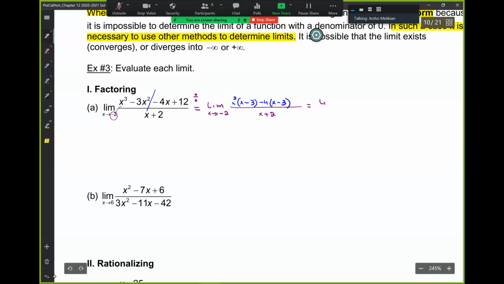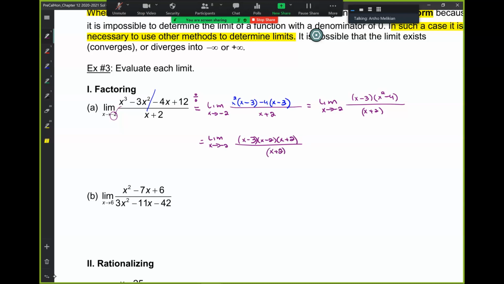So this is the limit as x approaches -2, x minus 3, x squared minus 4 over x plus 2. Okay, I can factor that some more, right? So this is the limit as x approaches -2, x minus 3, x minus 2, x plus 2 over x plus 2.